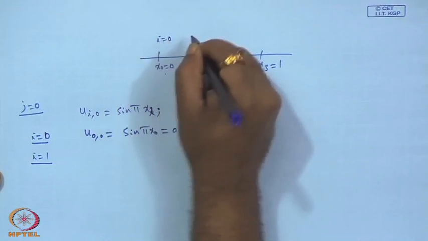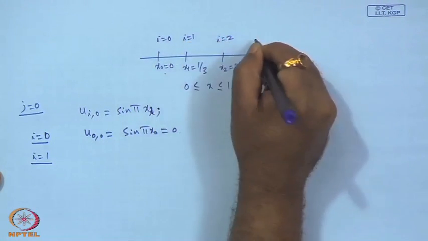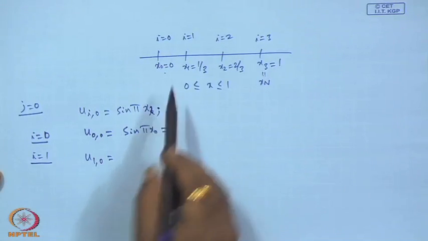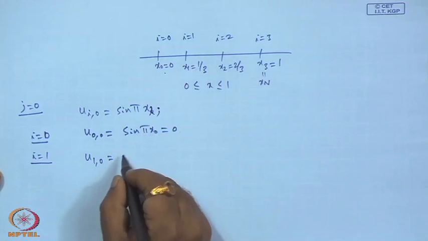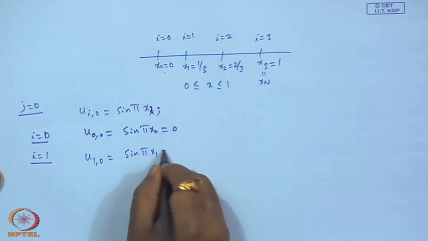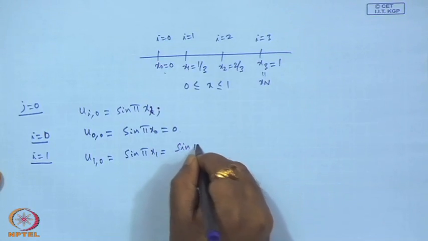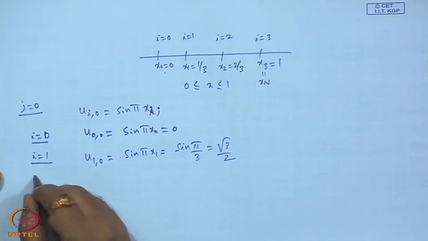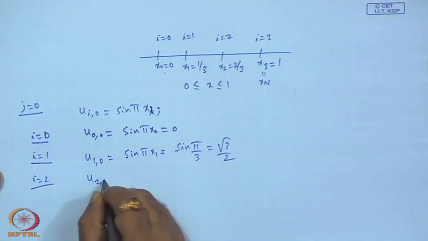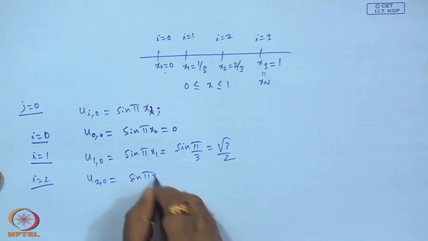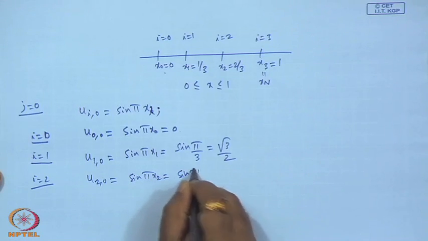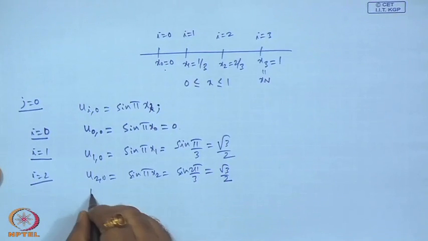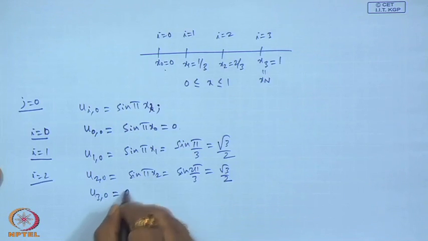So, this is I 0, I 1, I 2. So, that means we are computing the initial values at each grid point. Then I equal to 2. Okay. Similarly, u 3 0 this will be.